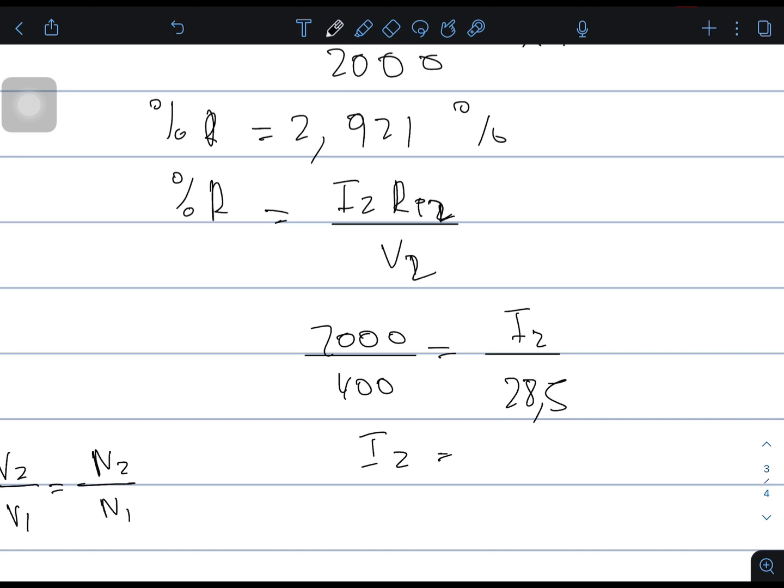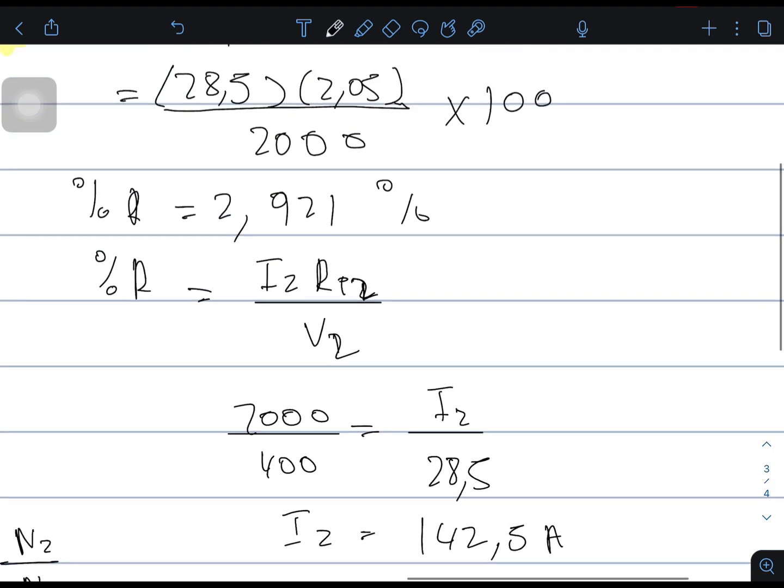So we are just calculating I2, 2000 over 400 times 28.5. Our secondary current is 142.5 amps.